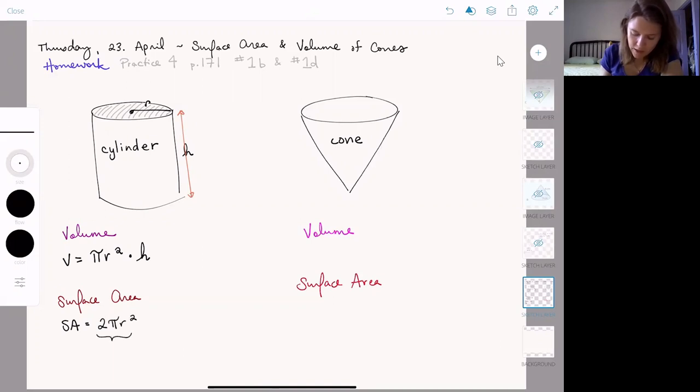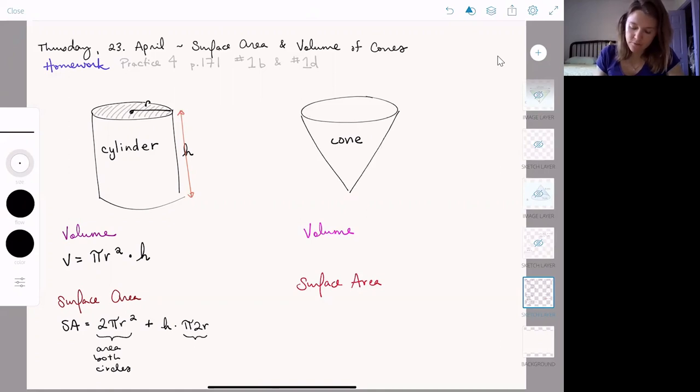So that's going to be the area of both circles. And this time we are going to add that to the area of that rectangle that wraps around. So height times pi 2r, okay?